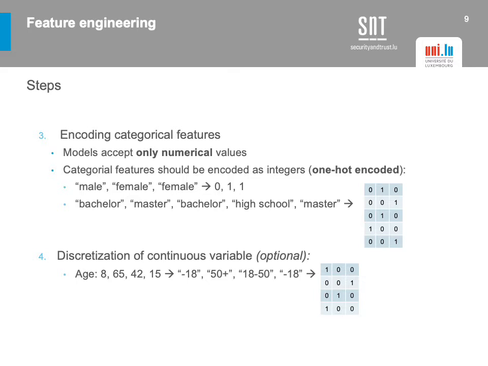This is also valid, for example, for a region number. If you have different regions, for example in France, each region has a number, but you cannot give this number directly to the classifier, because the model will think that there is a kind of continuity between each region.